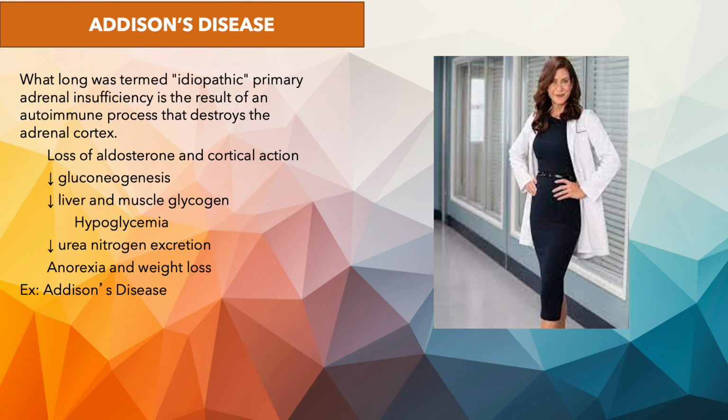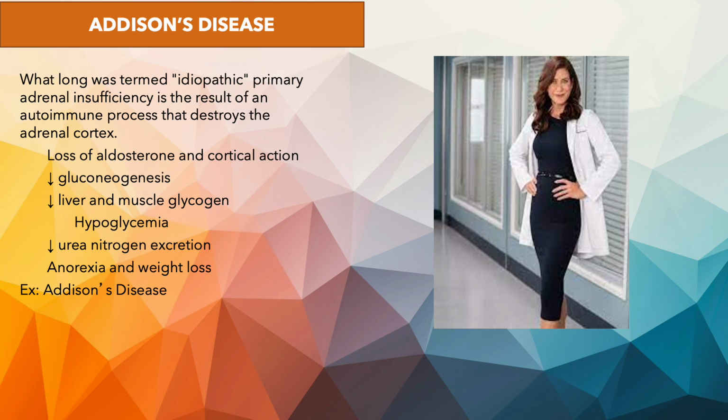And as we talked about with cortisol, because there's not enough of it, there's going to be a decrease in gluconeogenesis. There's going to be less sugar in the body and less muscle glycogen. This will also cause hypoglycemia. And because of this, the patient is going to have weight loss and anorexia.